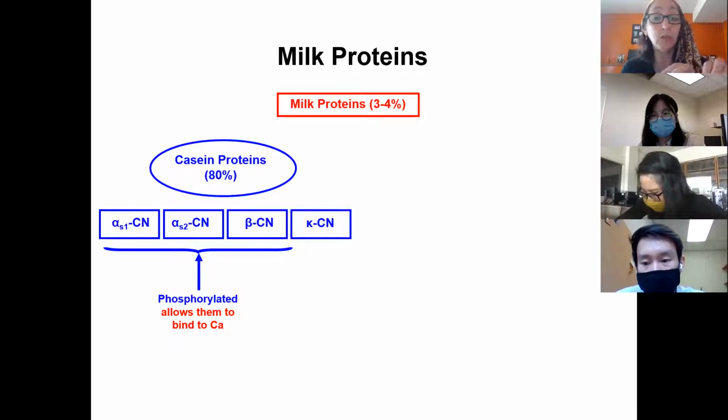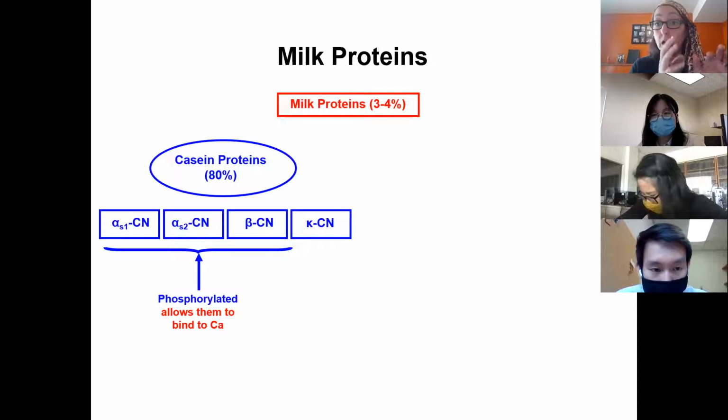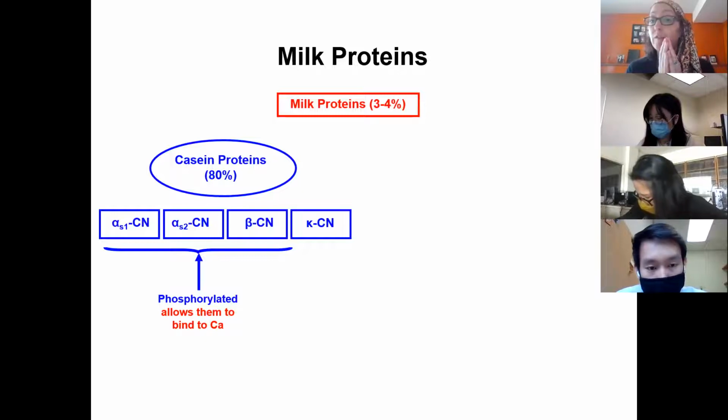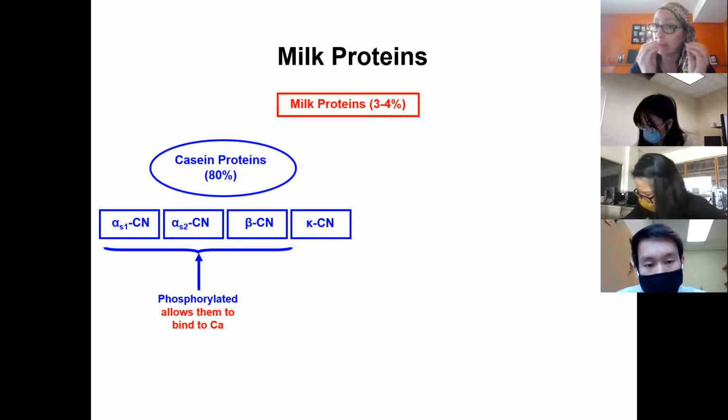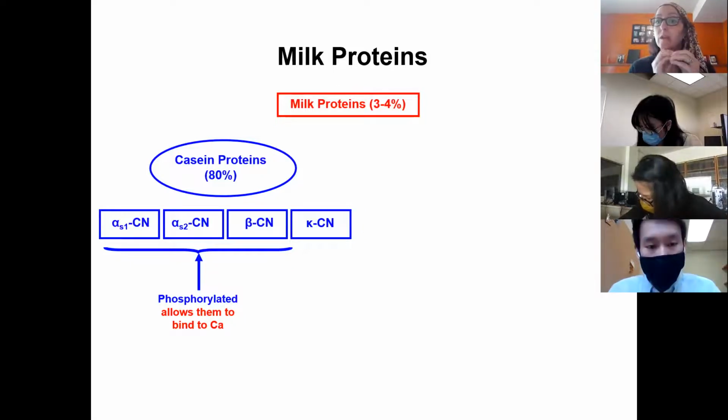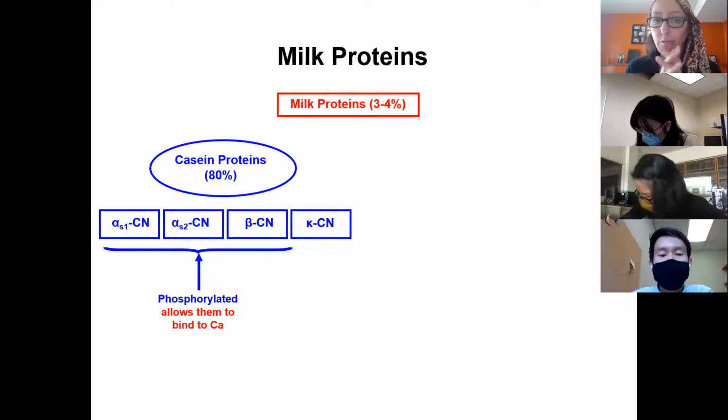So phosphorylation, mostly on the serine in these caseins, is very characteristic. It influences the formation of the micelle, because the phosphates interact with calcium, and you have calcium in milk, and then you have the phosphate calcium bridges within a casein micelle that are among the stabilizing forces.